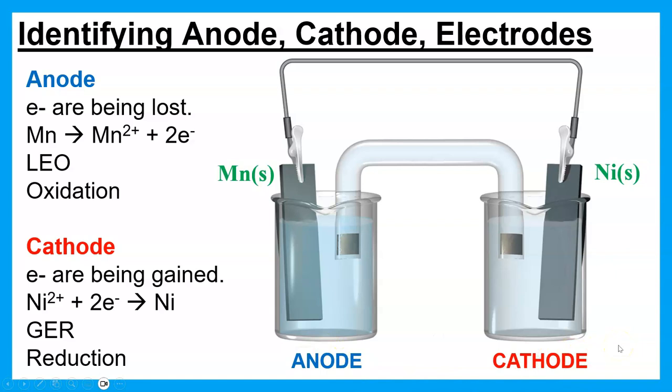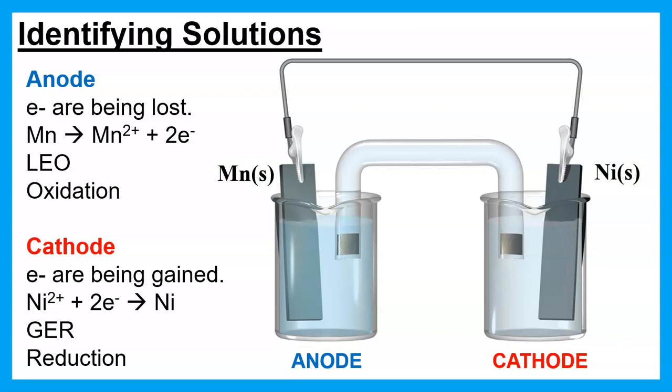Okay. Now the next thing we're going to have to label is what solutions are inside these beakers. What do I have over here and what do I have over here? The solutions should have a common ion with the electrode. So whatever solution is down here will have manganese ions in it, and whatever is over here will have nickel ions in it.